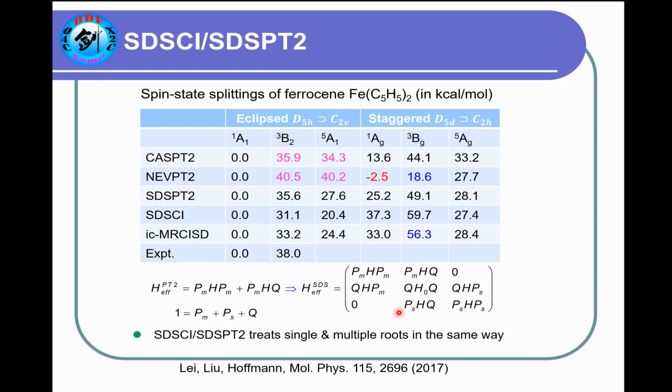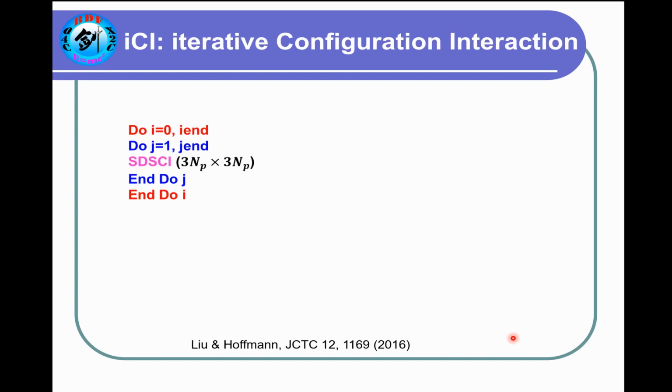SDSCI treats singles and doubles in the same way. So now you diagonalize a 3NP by 3NP matrix and get a new vector, a new reference. Then you can do additional single double excitations for dynamic correlation, and this is obviously repeated iteratively. We call this iterative configuration interaction, so iCI.